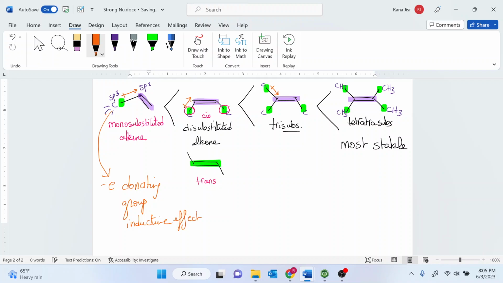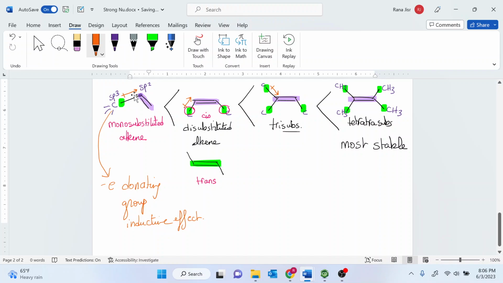We explained the inductive effect before, and we said the inductive effect is the pull of electrons through the sigma bond, and that is formed due to the difference in electronegativity between the atoms that constitute that sigma bond. Here we have an sp3 carbon and an sp2 carbon, so the sp3 carbon is an electron donating group.